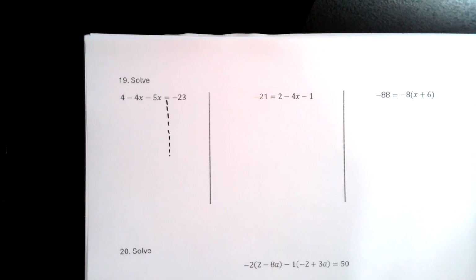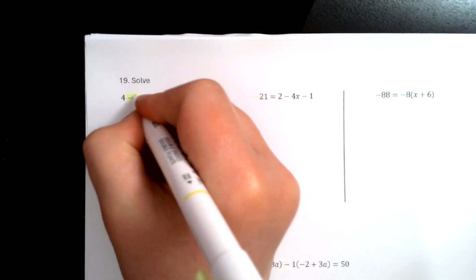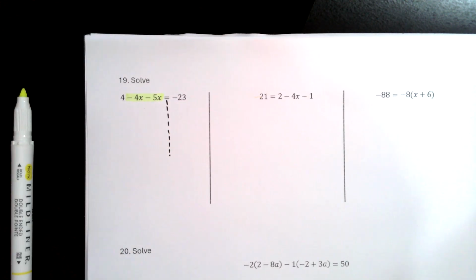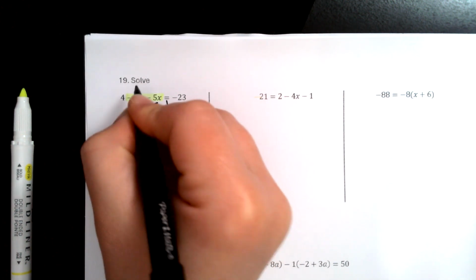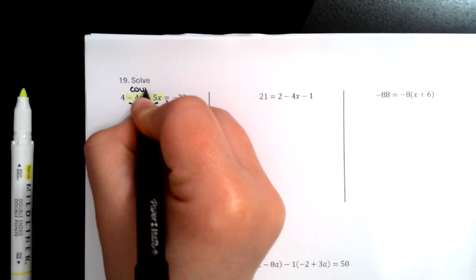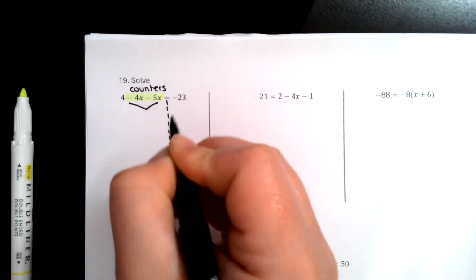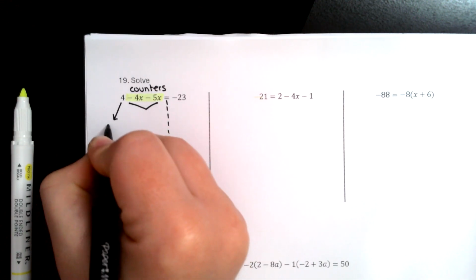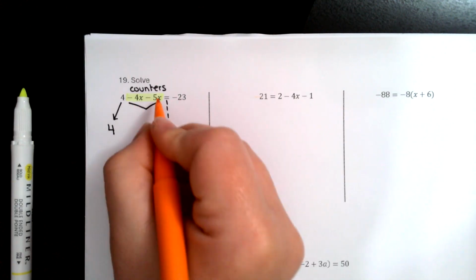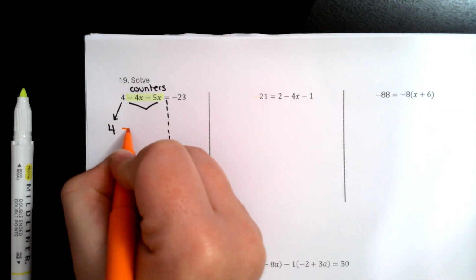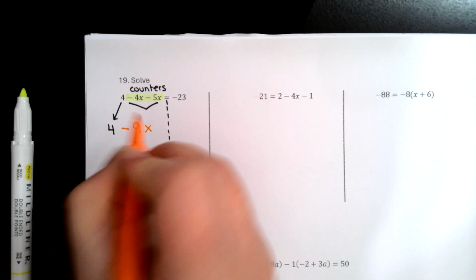So we are going to be combining like terms, putting things together that share the same letter or that don't have any letters at all. For example, here are two terms that we need to put together. So we have -4 and -5. These are counters. We're putting those together. 4 is not with an x, so we're going to leave it out. And 4 minuses, 5 minuses, we get -9x.